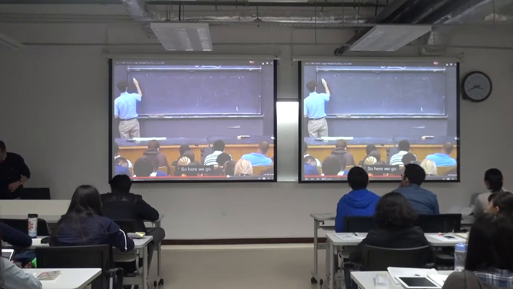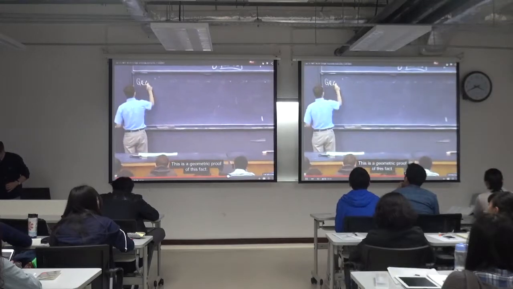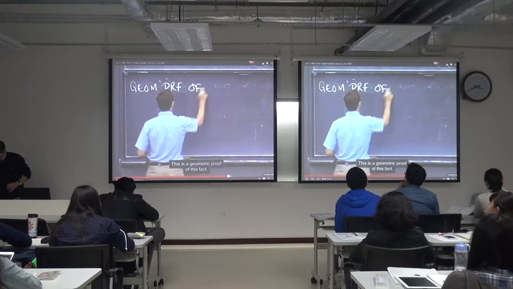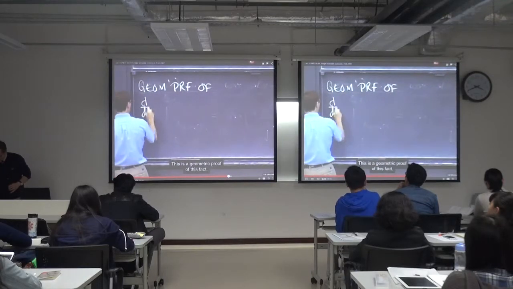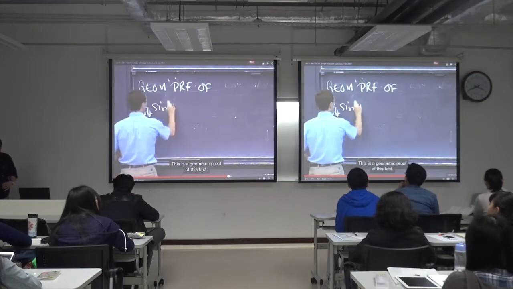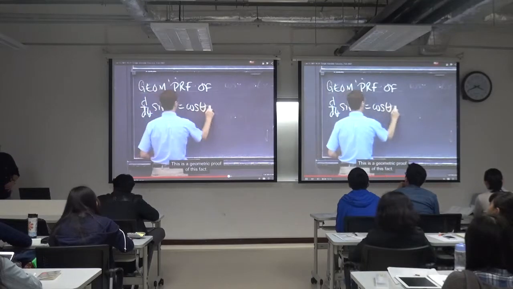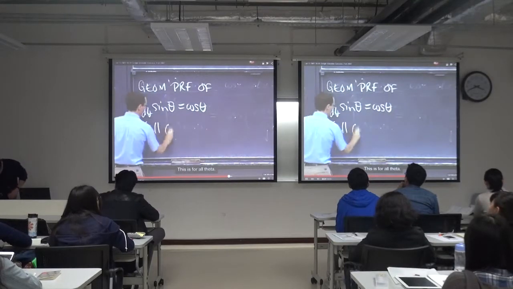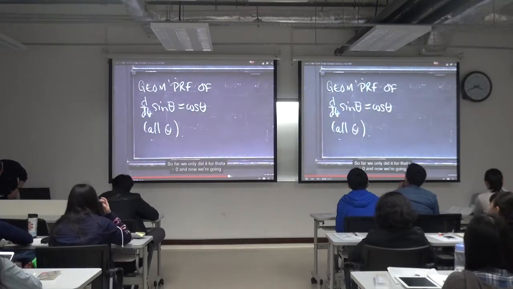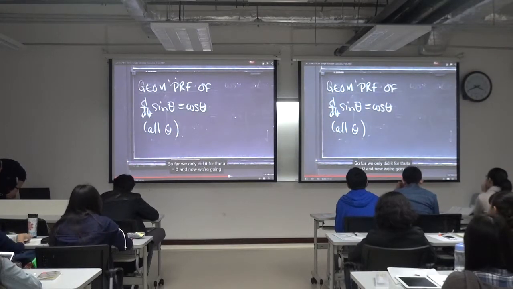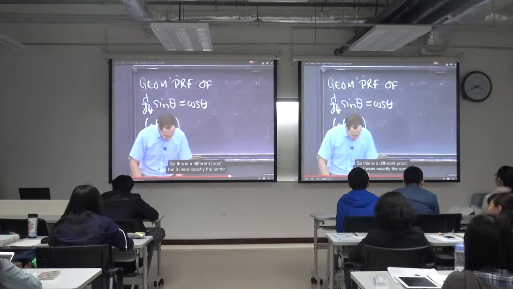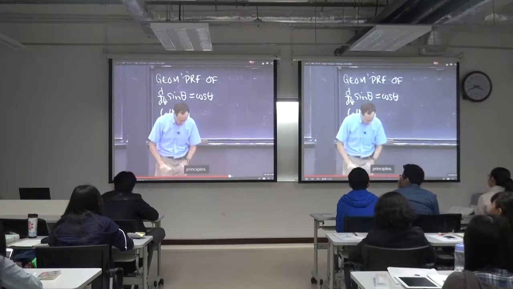So here we go. This is a geometric proof of this fact, this is for all theta. All right, so far we only did it for theta equals 0. And now we're going to do it for all theta. This is a different proof, but it uses exactly the same principles.